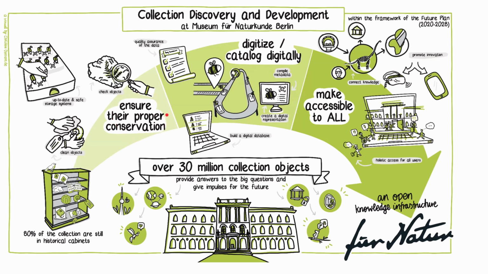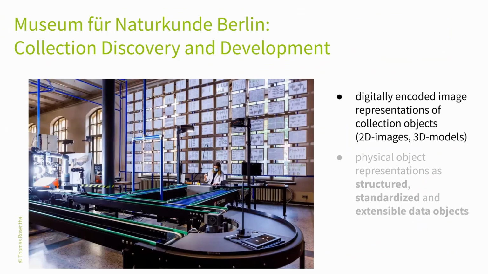The process of handling and updating the collection infrastructure, transferring information that we have about the collections and the individual collection objects into the digital realm and making that information accessible to everyone in various ways. It's actually part of the so-called future plan, which also focuses on an update to the physical structure of the museum.